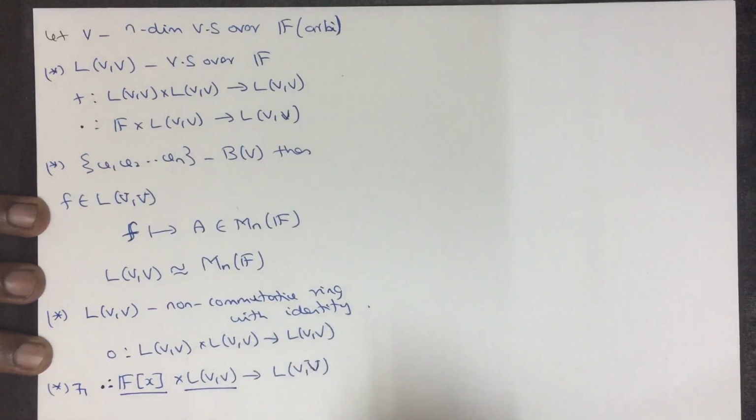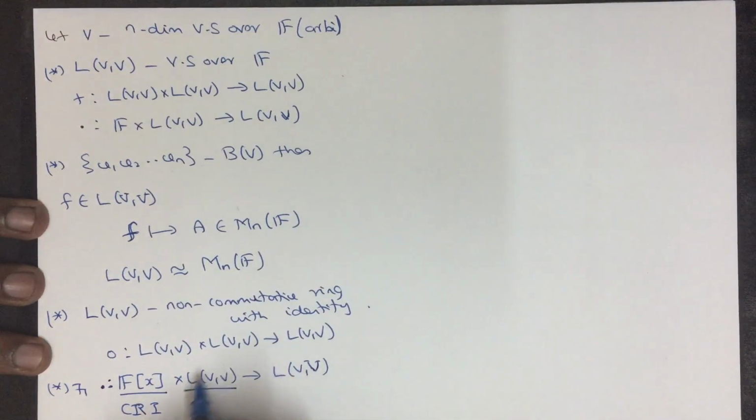We know that the polynomial ring is a commutative ring with identity element, and L of V comma V is a non-commutative ring. Therefore, this structure will also help us identify elements which commute here. So we will see that.